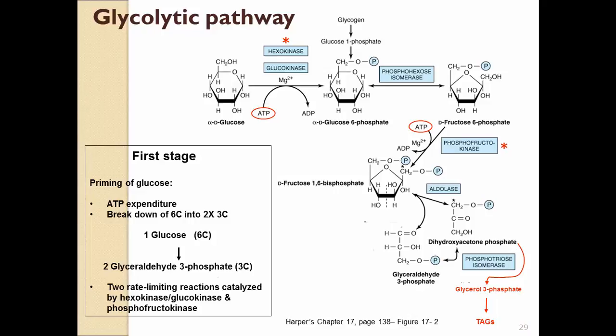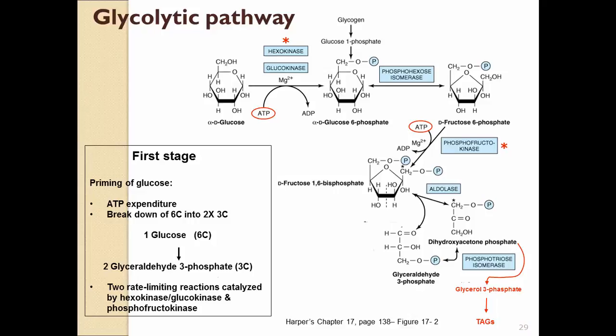And the second key reaction is the conversion of fructose 6-phosphate to fructose 1,6-bisphosphate, right? And the key enzyme that catalyzes this key reaction is phosphofructokinase-1, right?